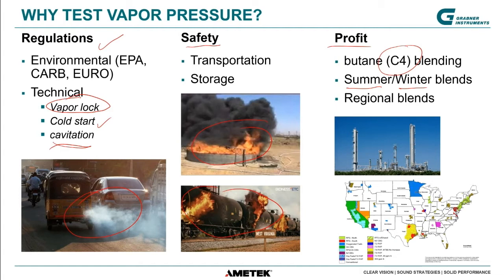And if you consider that butane has just half the price, 1 liter of butane costs just half compared to 1 liter of gasoline, you can make a lot of profit by blending butane into the gasoline. It mixes very fine, and the heat of combustion is also the same. Also, there are regional blends, because there are locations at high and low altitudes that have different surrounding pressures, and there you can also fine-tune and adjust the vapor pressure of your gasoline.